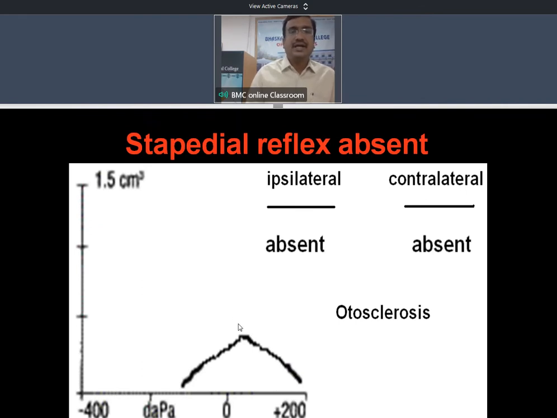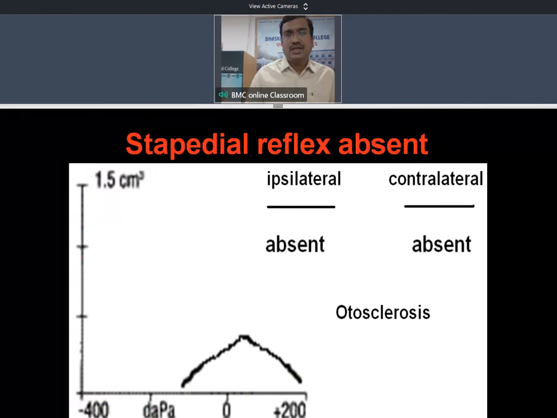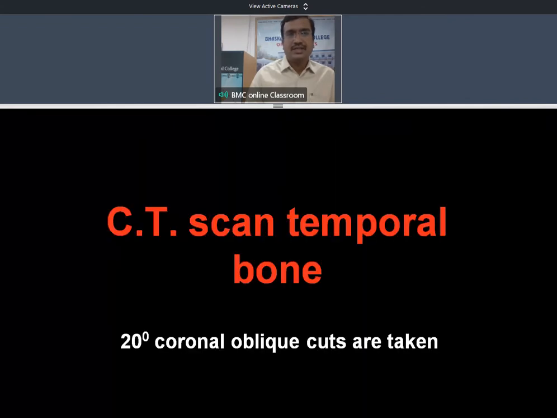There is a contraction of the stapedius muscle, which is attached to the stapes suprastructure. That is called the stapedial reflex. That is absent in otosclerotic patients and present in normal people. So this is a normal person and this is the otosclerotic patient.